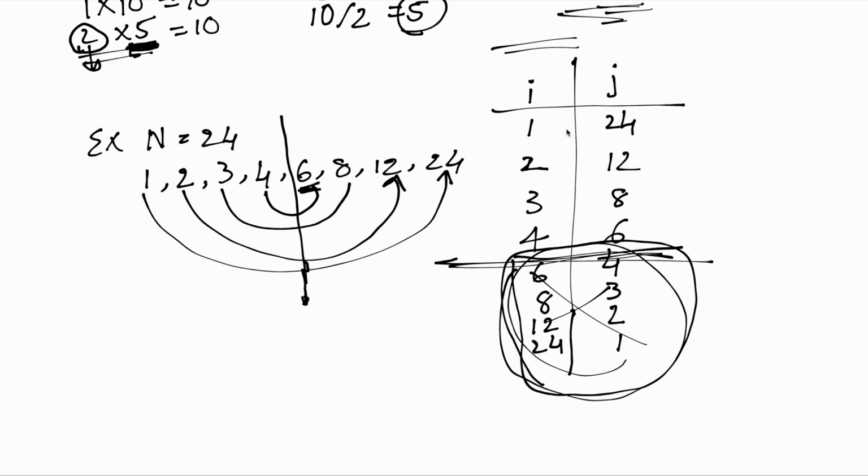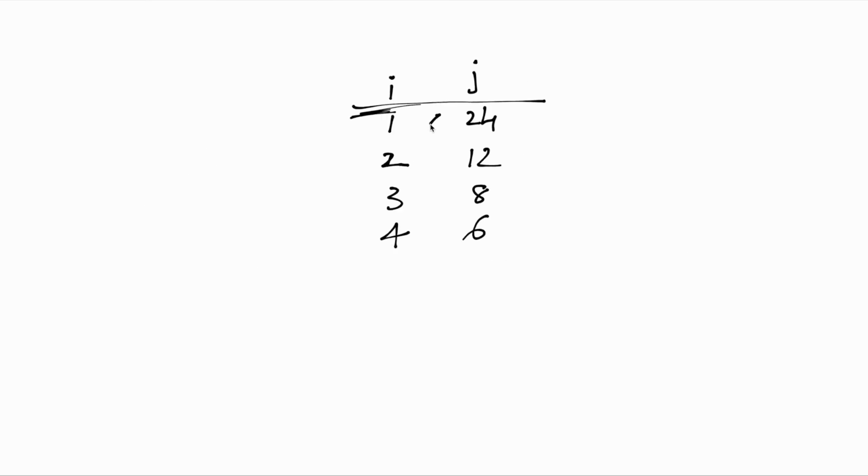Now let's see how many iterations this approach takes. If we observe, i is less than j, in every pair. So we can say i is less than j. We know that j's formula is n divided by i.